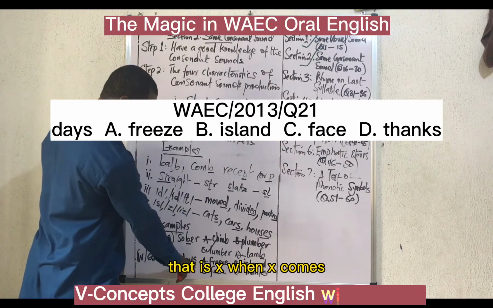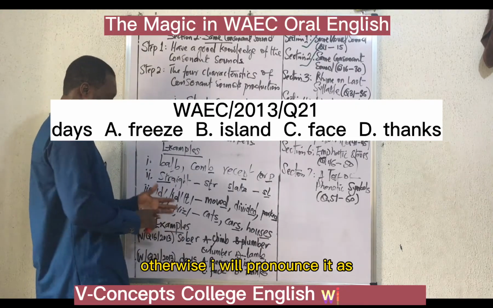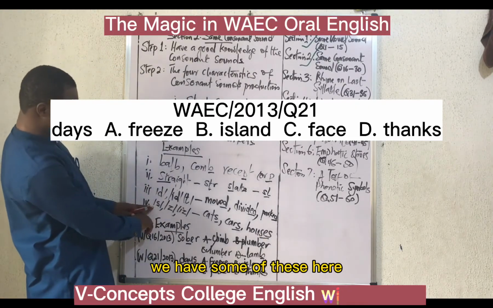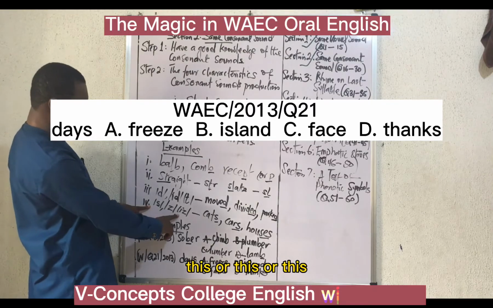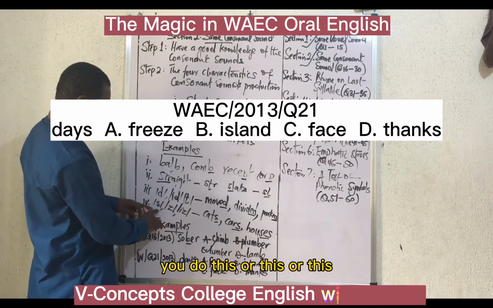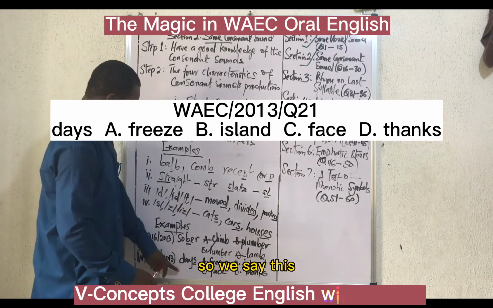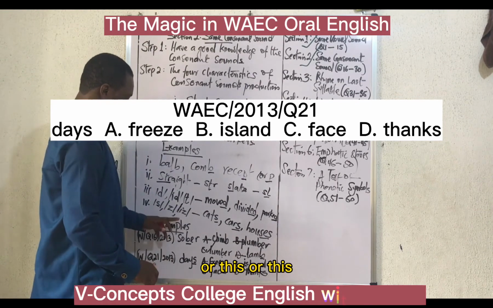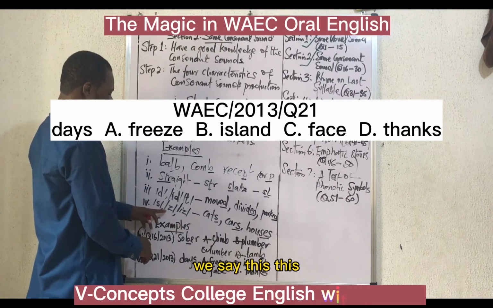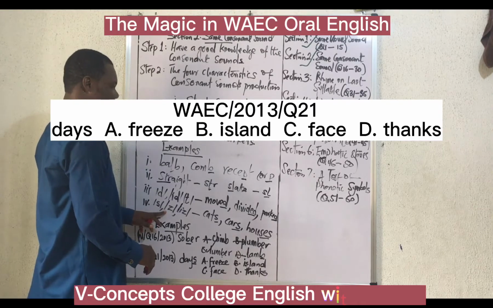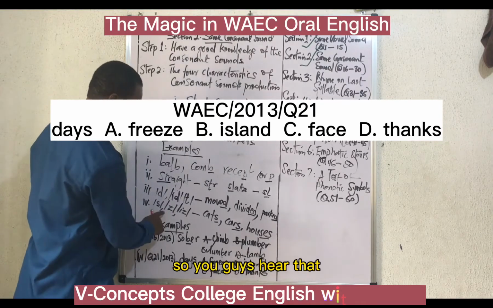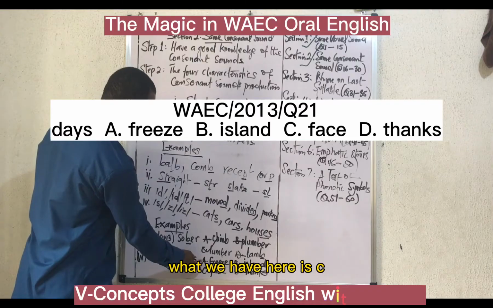When S comes after Y, I'm going to pronounce it as Z. We don't say days with an S, we say days with a Z. In those days. So you can hear that what we have here is Z.